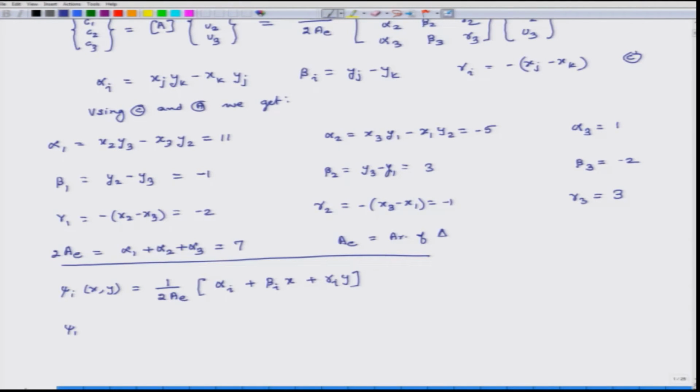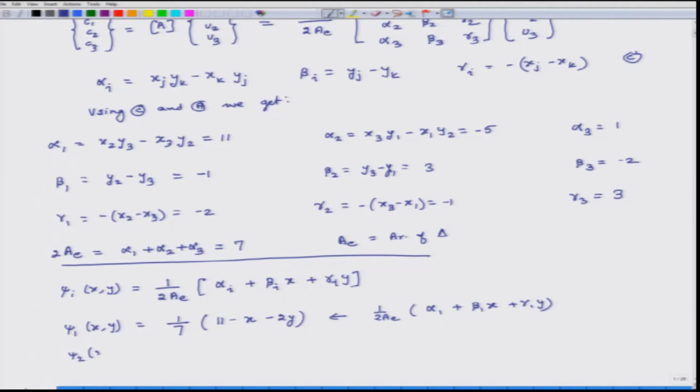So, psi 1, which is a function of x and y, associated with node 1, equals 1 over 7 times (11 minus x minus 2y), because this is equal to 1 over 2AE times alpha 1 plus beta 1 x plus gamma 1 y.